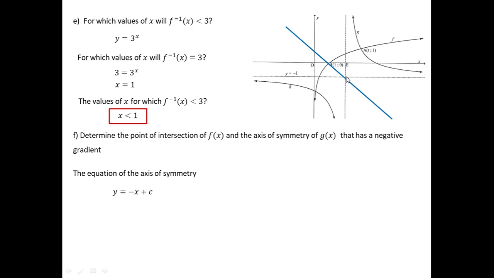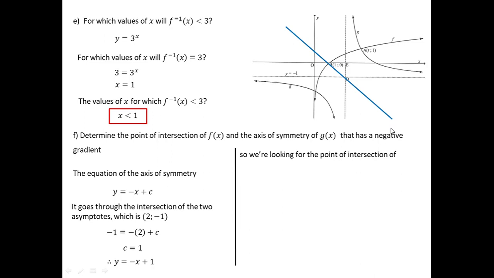And what are the coordinates here? Well, the x coordinate is 2, we worked it out earlier, and the y coordinate is -1. So I'm going to substitute those in. There we go, and our c must be 1. Therefore, the equation of this axis of symmetry is y equals -x plus 1.